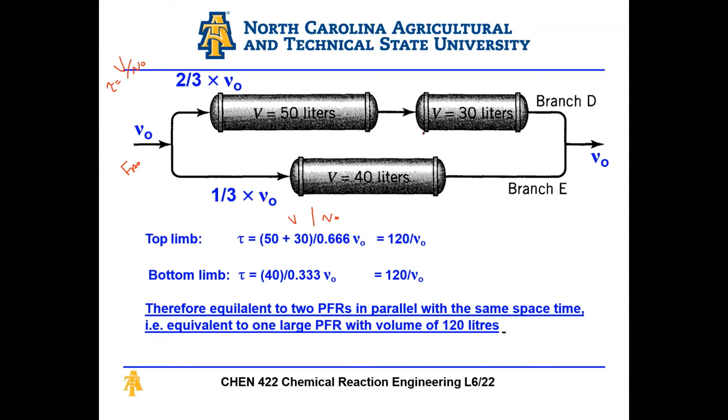So to optimize performance, I need to put them in parallel in a way that I divide my flow rate to maintain the same space-time in both branches.